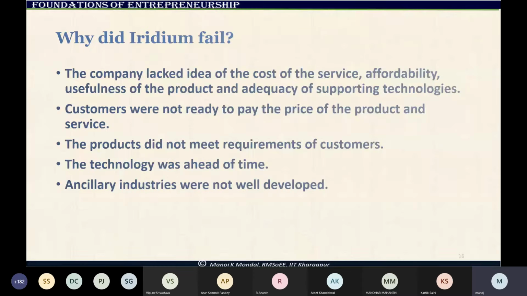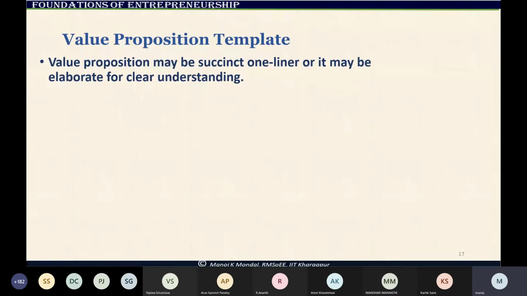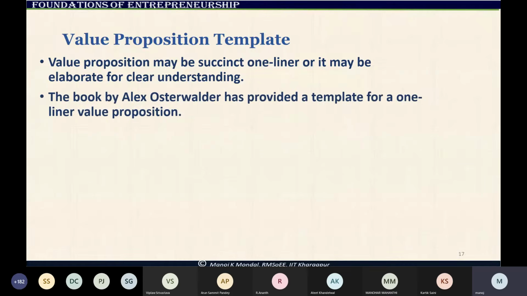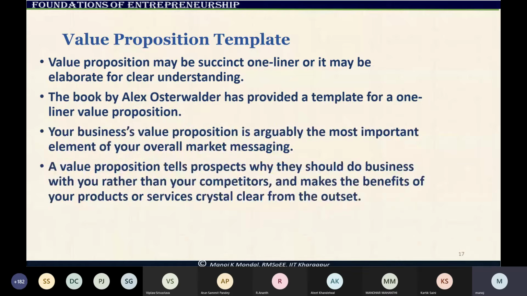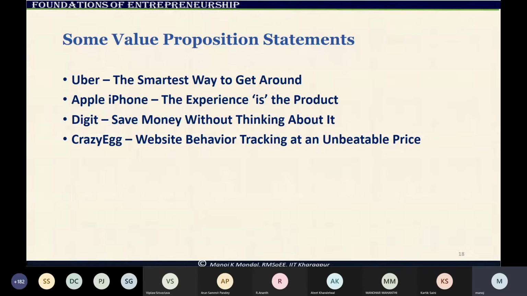Now, thankfully, Alexander Osterwalder has come up with a value proposition canvas, not just a business model canvas, to tell us how it should look and what we should do.